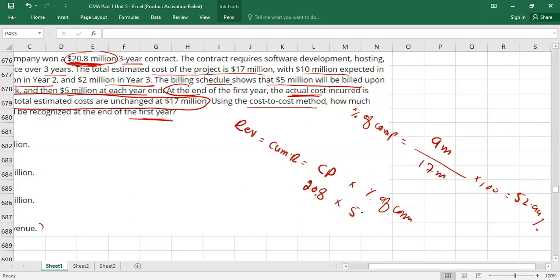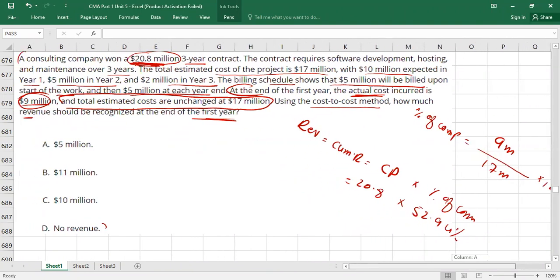Multiply by percent completion, how much? 52.9. If I want to write full values, just write 20.8 million times 52.94%. It will give you the value. How much? Just calculate. 11.